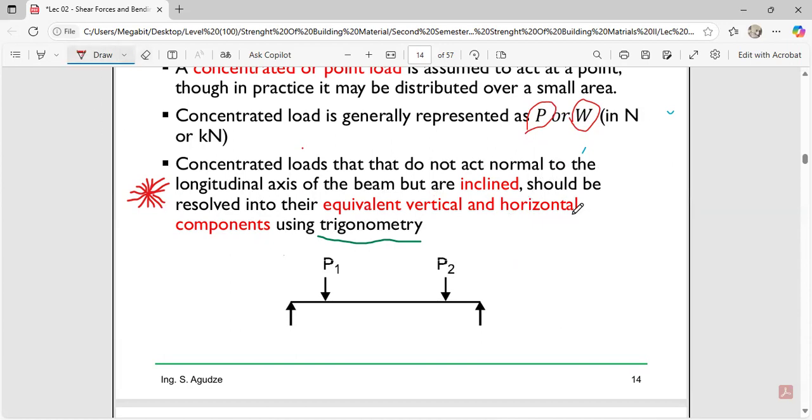So from the basic trigonometry rules, if you have a beam, and let's say the beam is simply supported, and the concentrated load placed on it is inclined at an angle of, let's say, maybe 60 degrees.